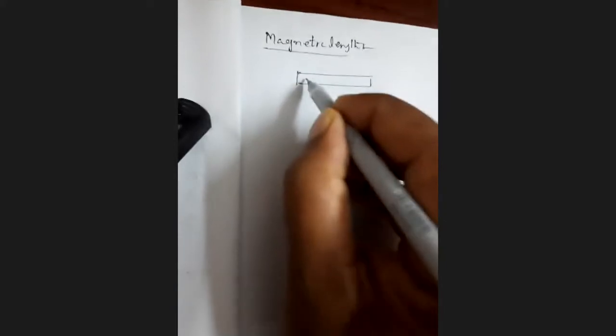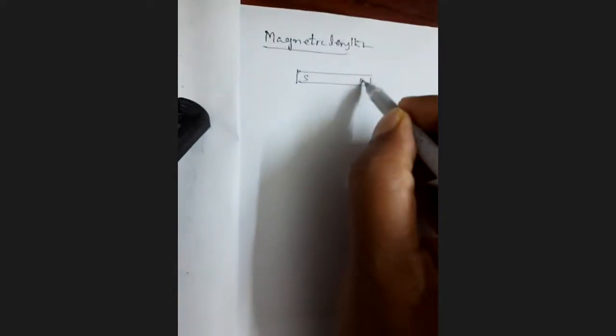Now, the next property of the magnet is magnetic length. What is magnetic length, or how to measure the magnetic length? Simply you take the bar magnet, with a south pole and a north pole.